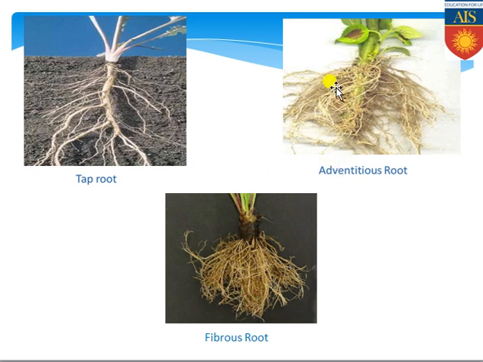This is the adventitious root, where the roots arise from the stem, specifically from the nodes and internodes. Exclusively the fibrous root and adventitious root have replaced the primary root which is present in the taproot system.